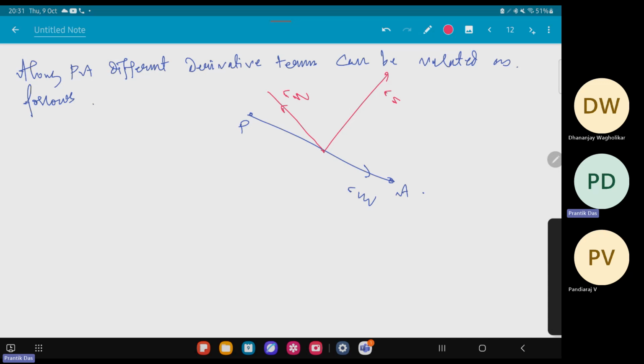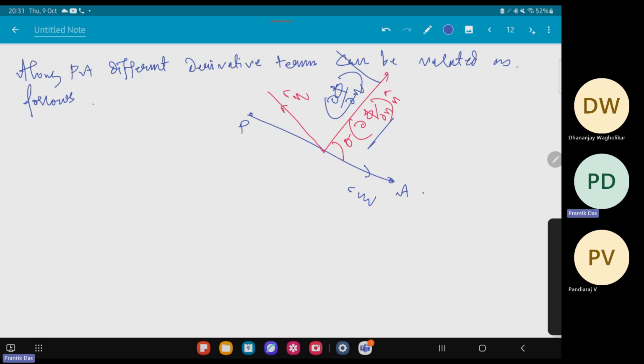The n vector is making theta angle with the zeta vector, and this is basically your gradient of phi in this direction. So d phi dn actually happens in this direction, which is along this n cap direction. If I take the derivative of the scalar field with respect to n, and this is basically your d phi d zeta. Okay, so d zeta being parallel to the zeta itself.